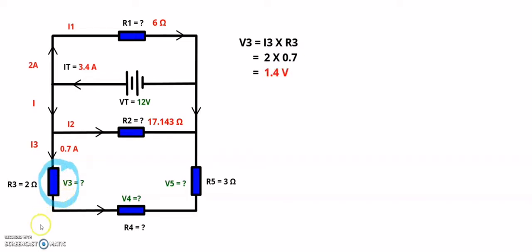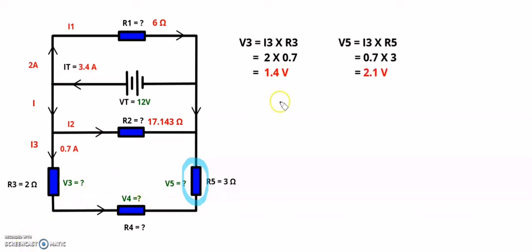Next, I'm going to calculate the voltage drop V5 over that specific resistor. V5 is equal to I3 times R5, which is 0.7 multiplied by 3, which will give me a voltage of 2.1 volts over that resistor.